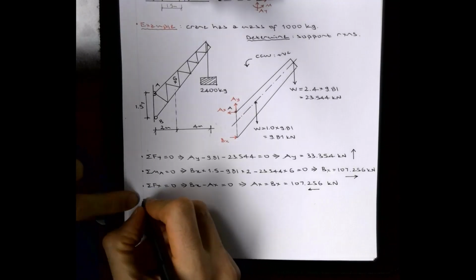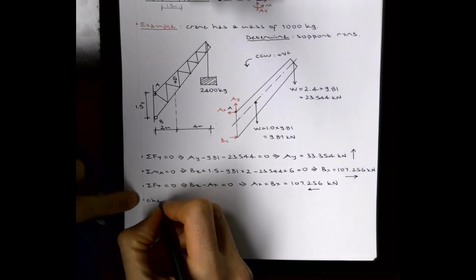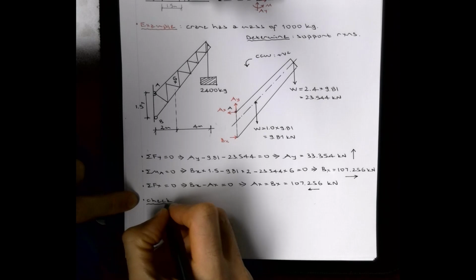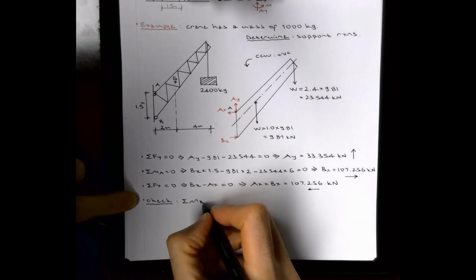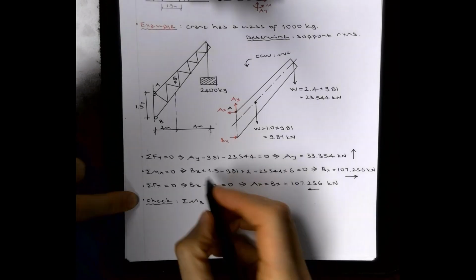It's always a great idea to make sure that what you did is correct. You can take moment about point B, and then it should come out as 0, right? So let's do that.